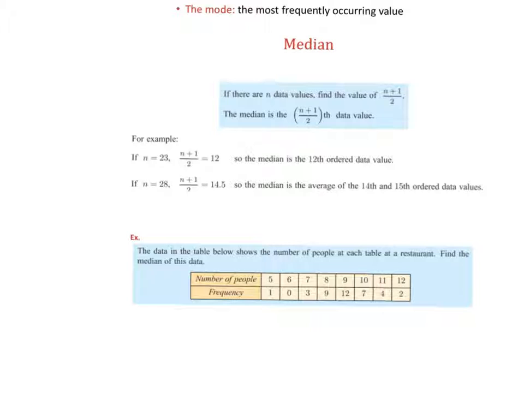It's the 12th ordered data point. Does that make sense? And if you have a decimal, then of course it's in between two. It's in between the 14th and the 15th in this case. All right? So go ahead and try this one on your own.